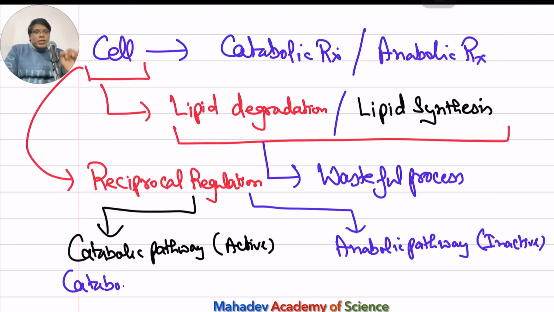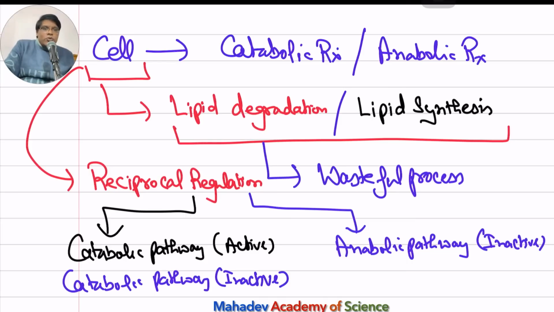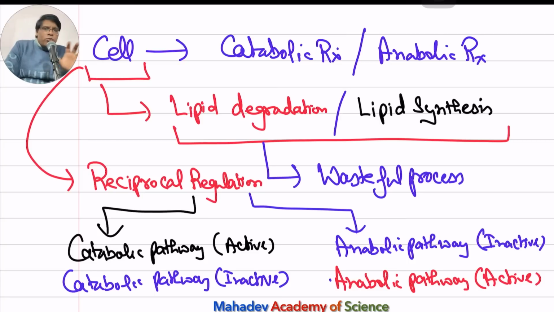In the same way, if catabolic pathways are inactive within the cell, during that time anabolic pathways will remain active. So based on the need of the cell, you are going to see reciprocal regulation of catabolic pathways and anabolic pathways.